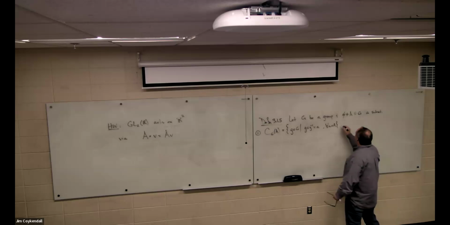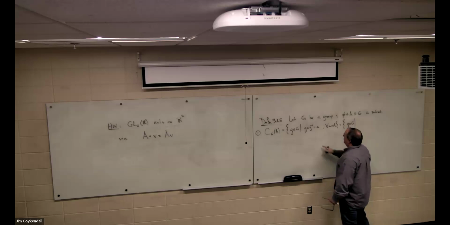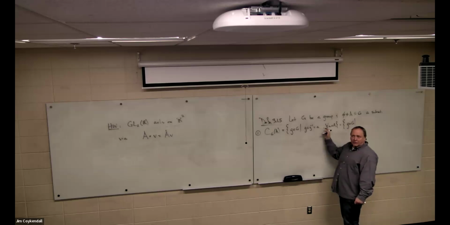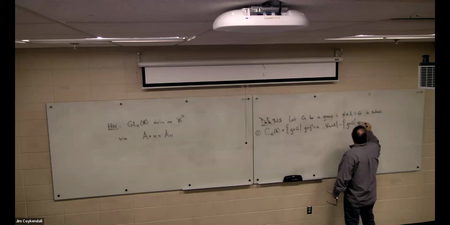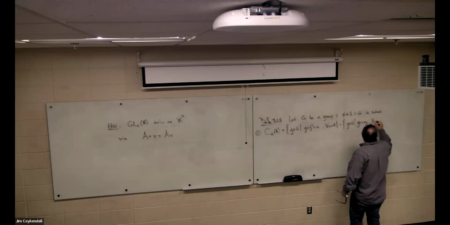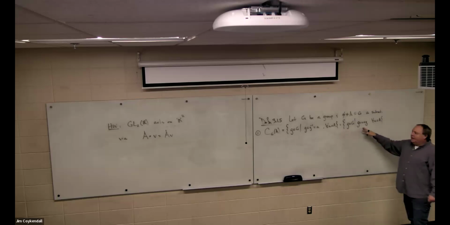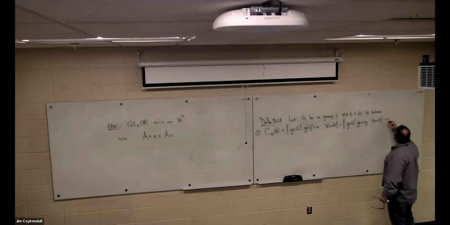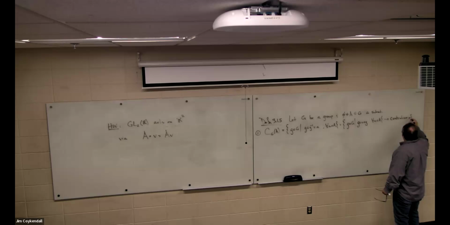It doesn't matter. This is also another way to think of this. I can multiply both sides of this equation on the right by g. So really what this is, if you think of it this way, is the set of everything in G that commutes with everything in the set A. This is called the centralizer of A in G.